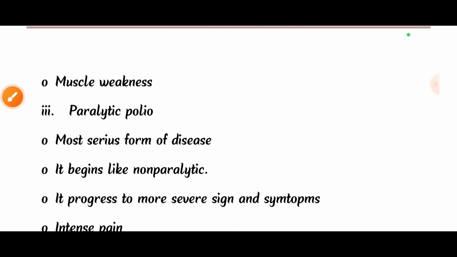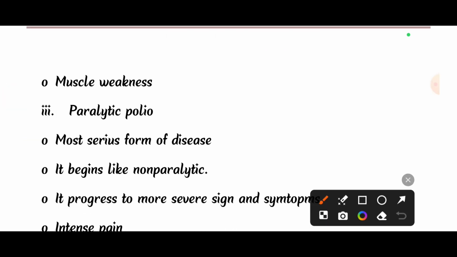Now we're talking about the third type, paralytic polio.